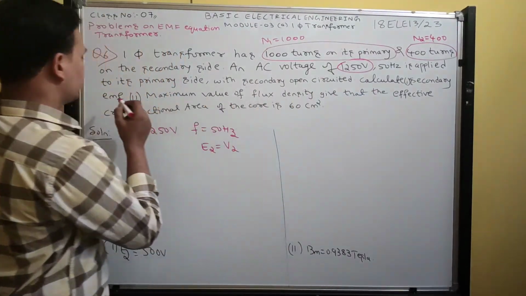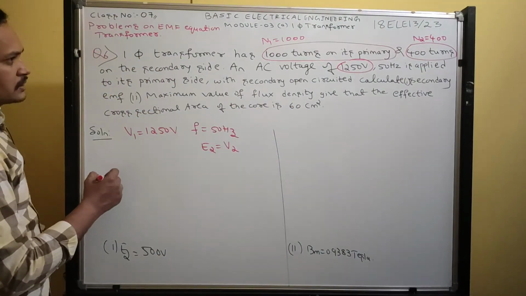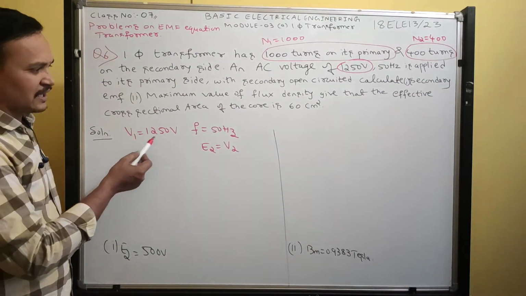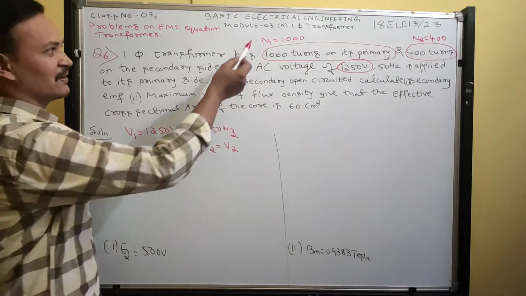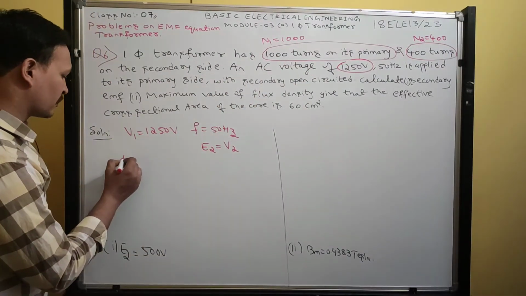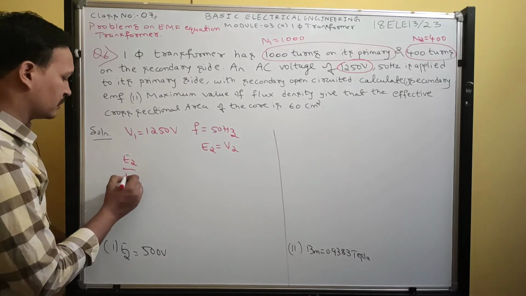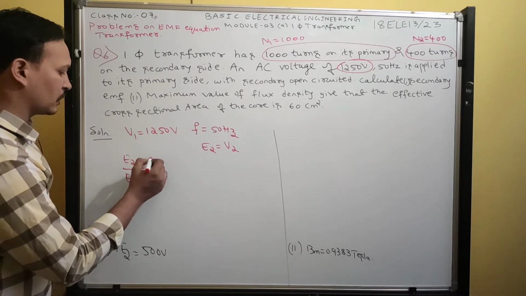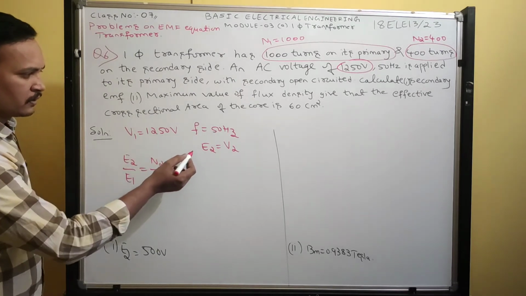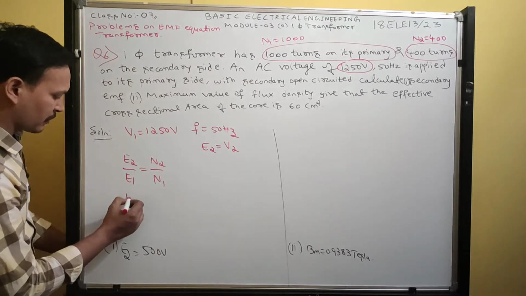So calculate secondary EMF. See, they gave primary voltage. They asked E2, but they gave N1 and N2. All data is given as a ratio, so use this formula. E2 by E1 is equal to N2 by N1. What is E2? E2 only they asked to determine.